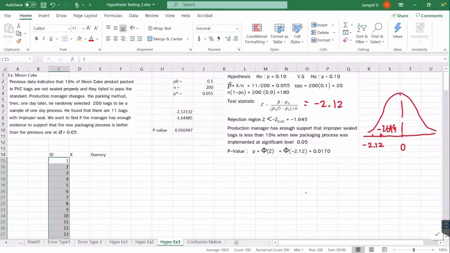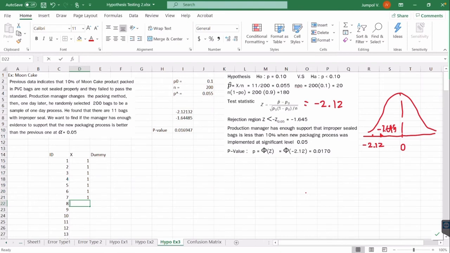The next one is X, the number of defective bags, and from our data collection we have 11 of them. The rest will be 0. The dummy column is 0 and 0, just like the previous example.